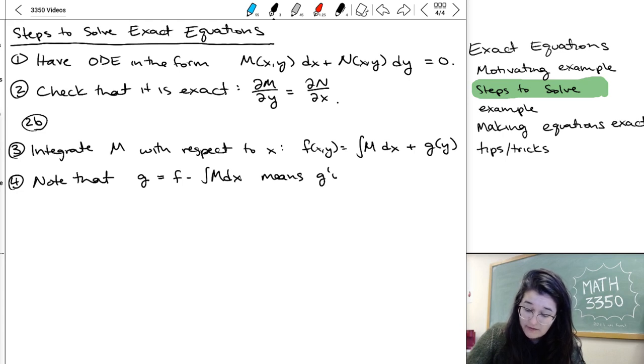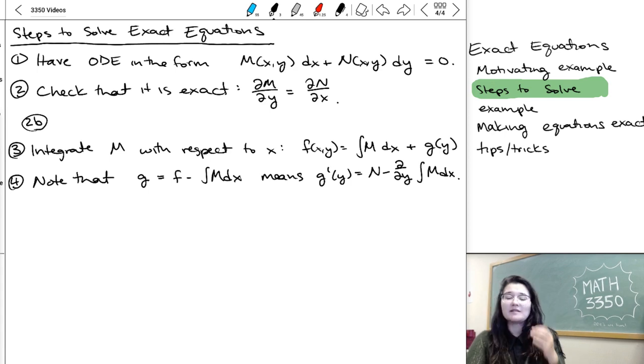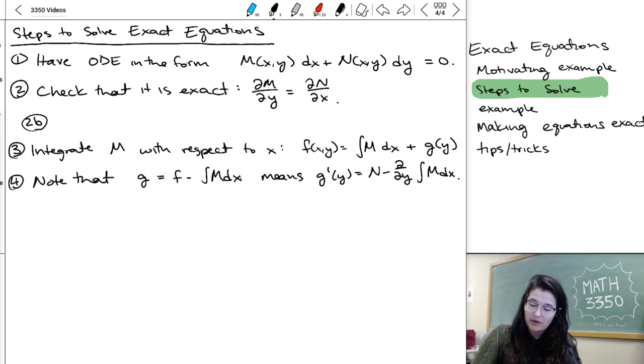And the derivative of g with respect to y is going to be N minus the partial with respect to y of that integral of M with respect to x, where M is carrying information about derivatives with respect to y. That's why we put it in when we look at taking a derivative of f with respect to y. And we just need to compute that.